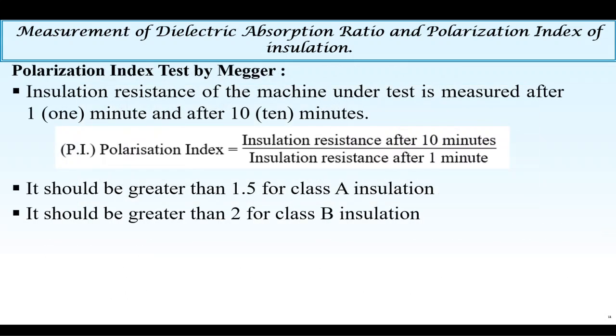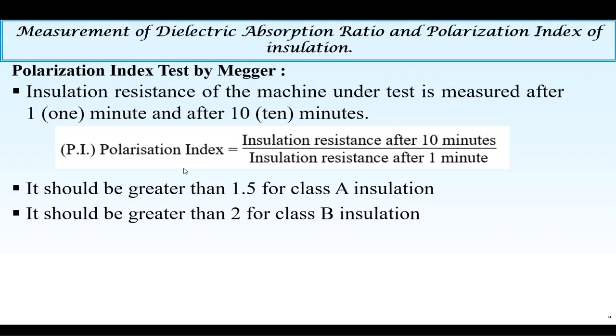Similarly, for the polarization index test, you can also use the Megger. The polarization index is a ratio of the insulation resistance measured by the Megger after 10 minutes divided by the insulation resistance measured after 1 minute. If that value is greater than 1.5, then it indicates class A insulation.